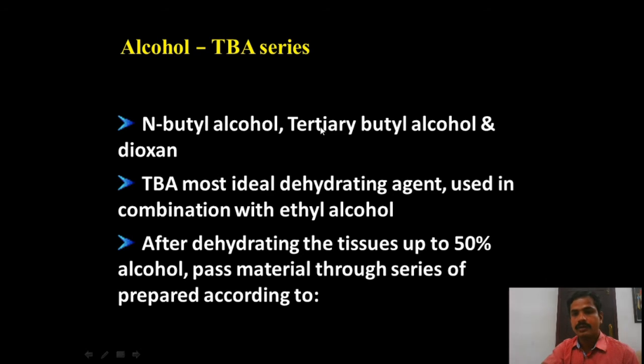N-butyl alcohol, tertiary butyl alcohol, and dioxane can be used for dehydration series in the paraffin method. Tertiary butyl alcohol, that is TBA, is the most ideal dehydrating agent, which can be used in combination with ethyl alcohol.